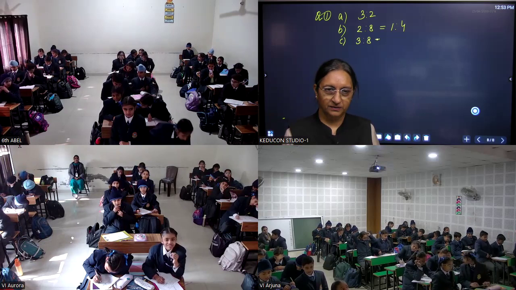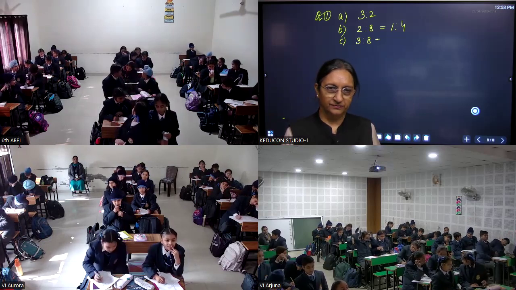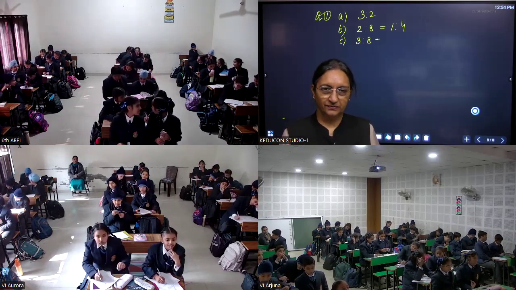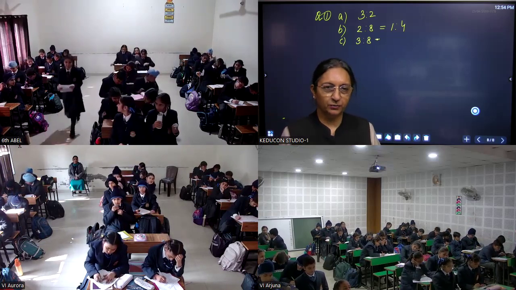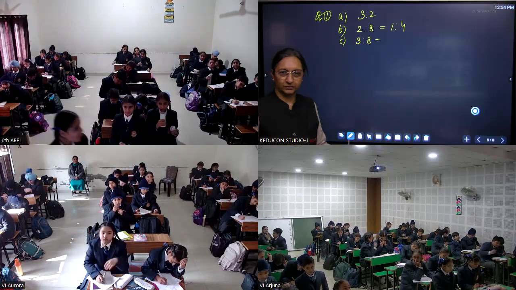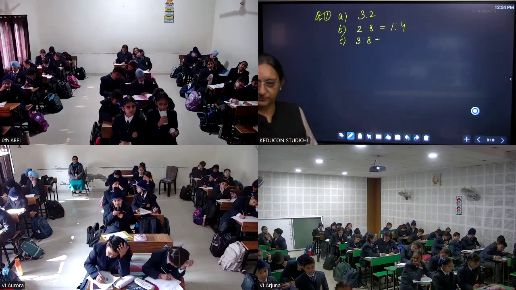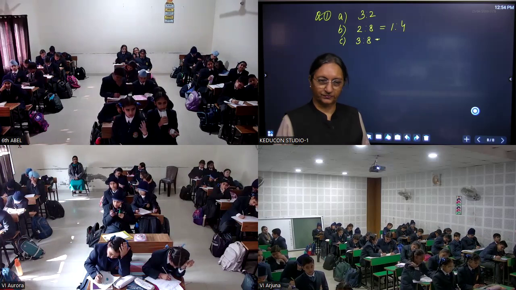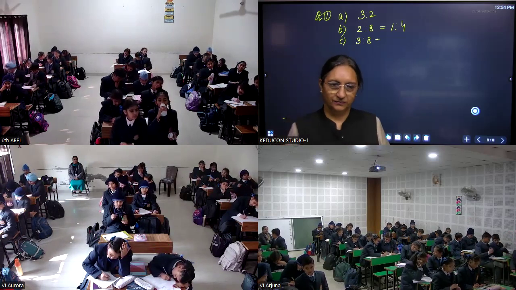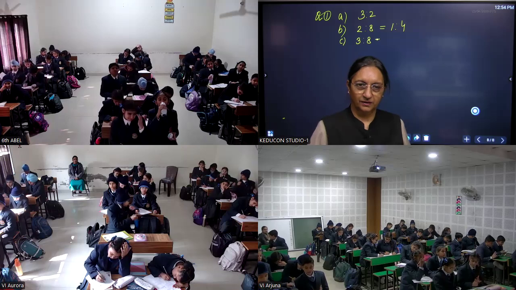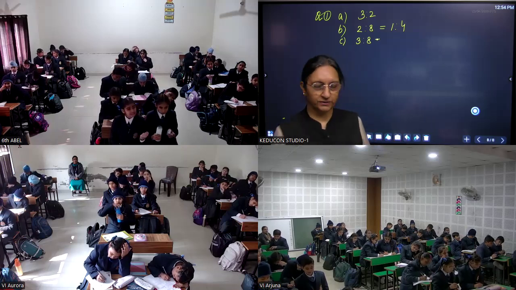Yuvika. Number of quadrilaterals. What do you mean by quadrilaterals, beta? How will you find out? Having same side. Yeah, okay, four sides.